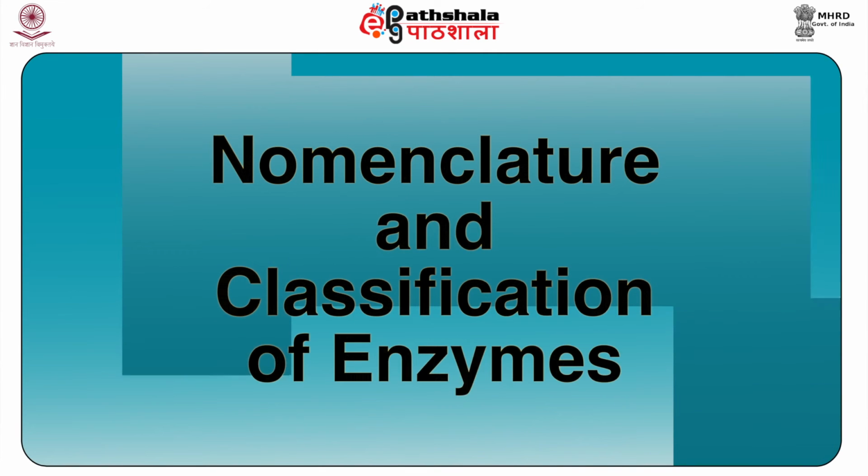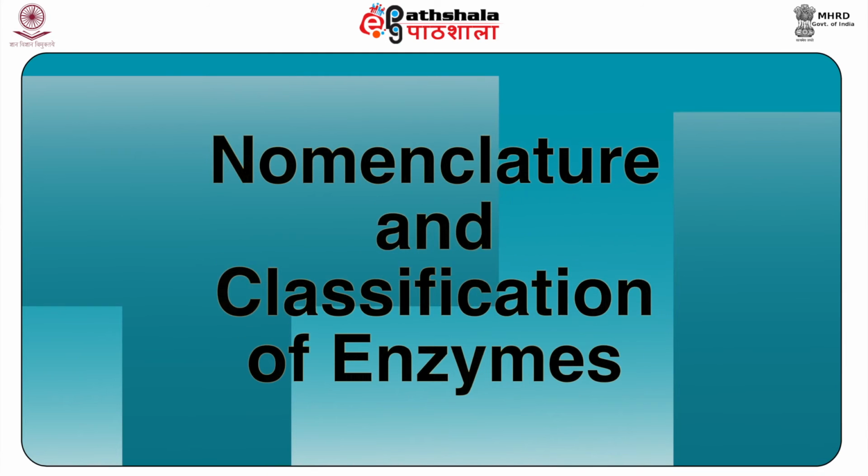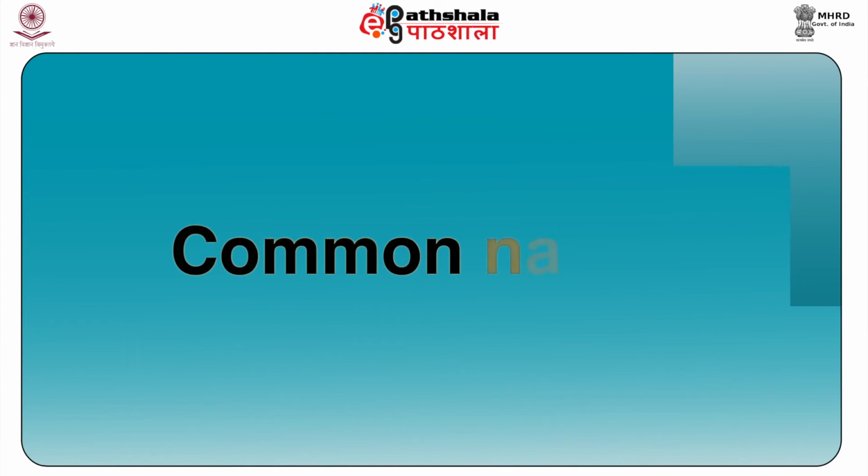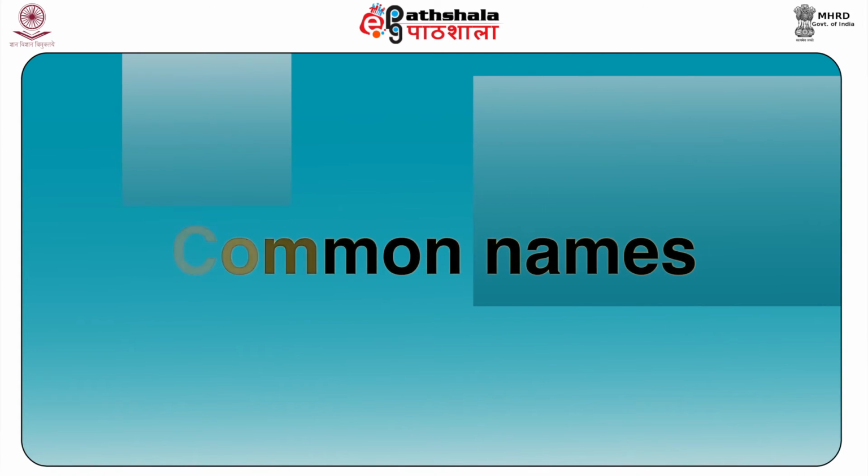Now let's look at how the nomenclature and classification of enzymes is done. Enzymes are given certain common names. For example, the enzymes are named by adding the suffix -ase, A-S-E, to the name of the substrate or their activity.